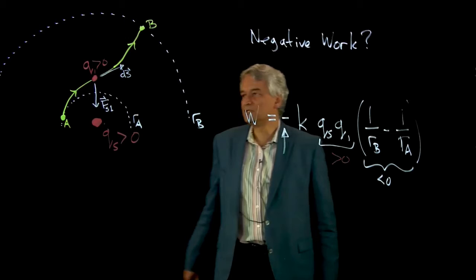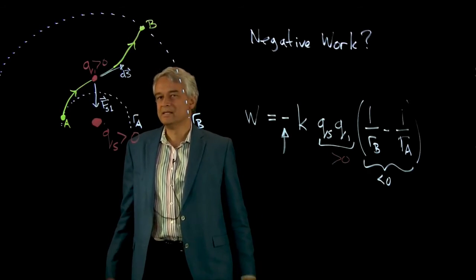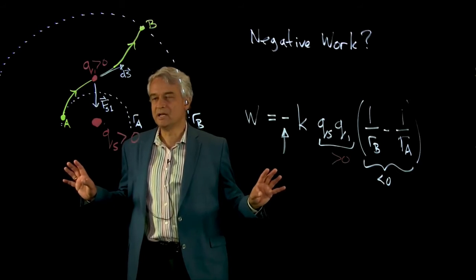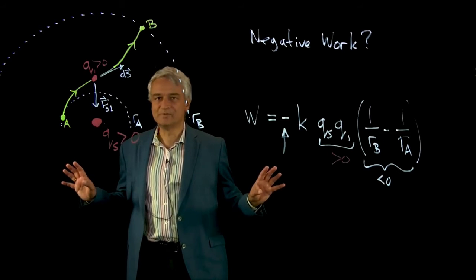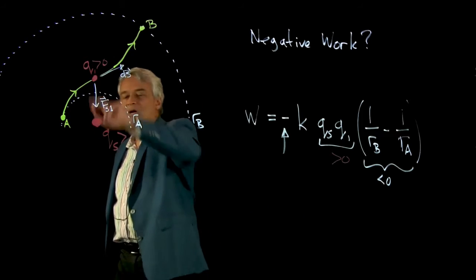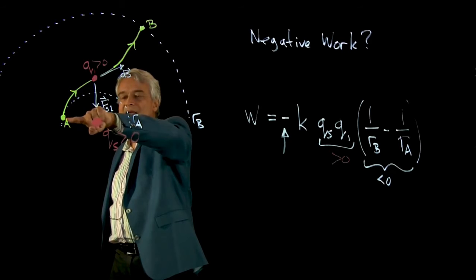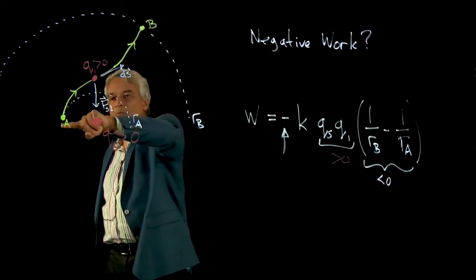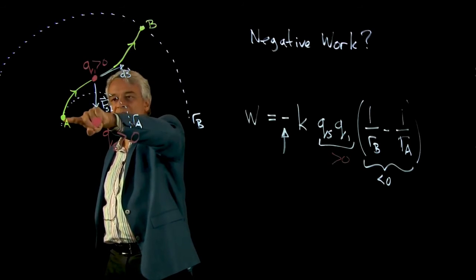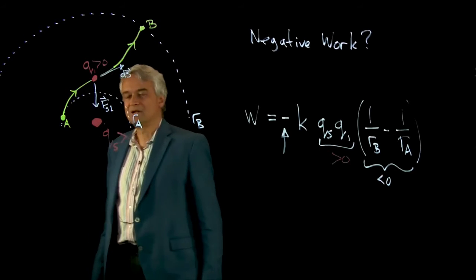Now, to fully understand this, let's get rid of the external agent. Let's pretend there's no Krishna holding the charge and making it move at constant speed, and let's think about what happens. So let's keep this charge positive for a second, and let's suppose there's some kind of a pathway, maybe rails of some sort, that will guide the charge from here to here under the influence of the electric force.